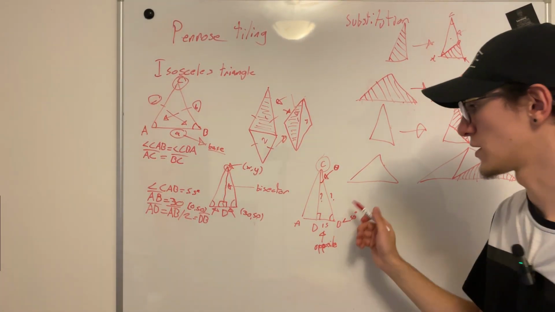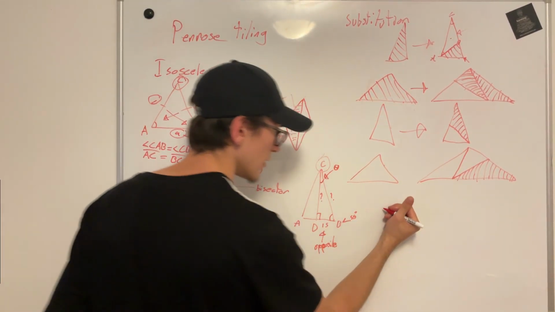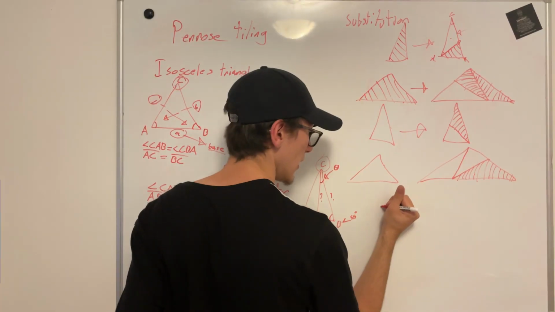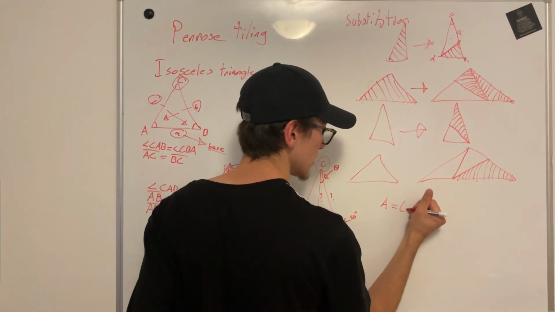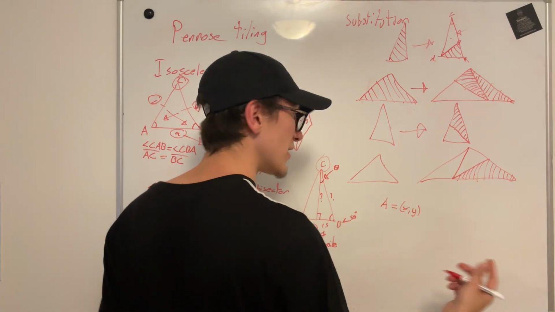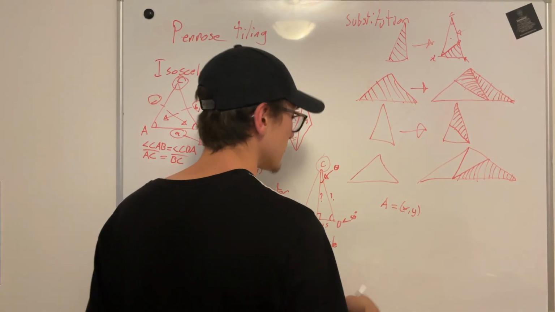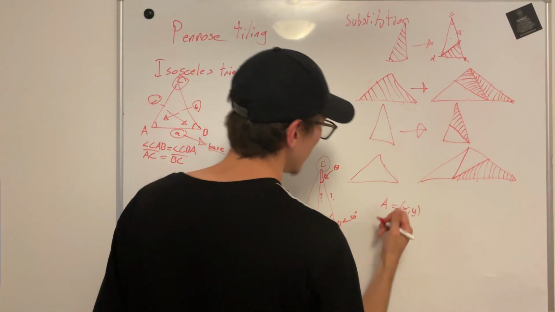And basically, to get C, I'll just write it out. But let's say we know A is equal to, let's say, X, Y. And we'll be using P5 vectors for this, just not to overcomplicate things with more math.